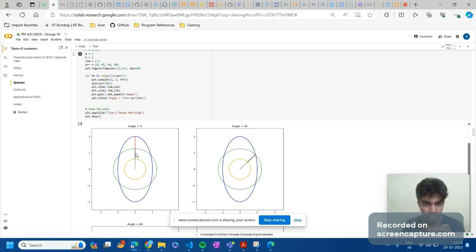Now when we finally reach the phase matching angle, as we can see in figure 2, the idler wave vector, the signal wave vector, and the pump wave vector all align in a single line, and we observe collinear phase matching.